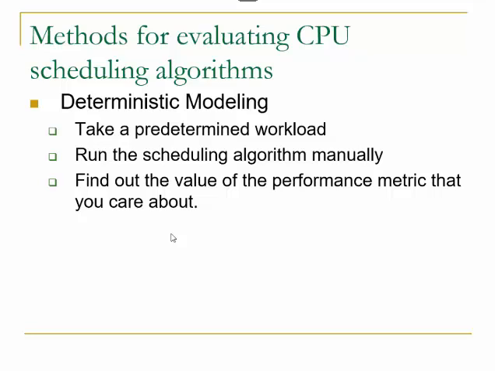In this model we take a predetermined workload and run the algorithm manually. Based on the algorithm used, we calculate the performance metric. It is not considered the best model, but it can give a lot of insight about the scheduling algorithm. All we need is the parameters and workload.